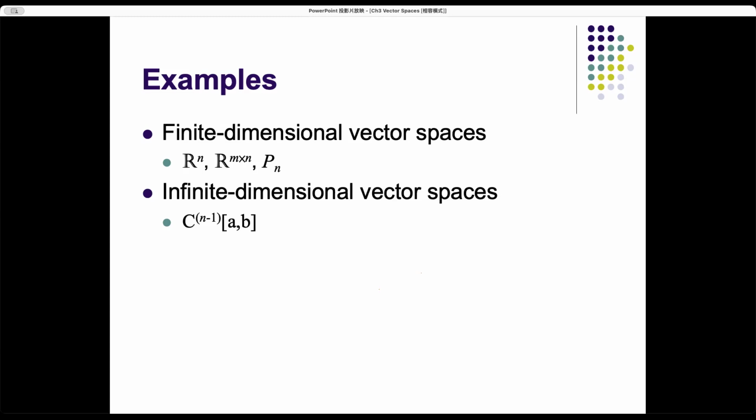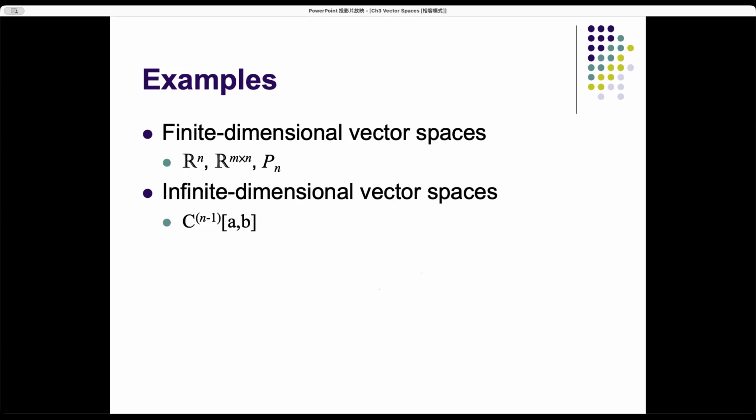So in other words, this basis has m times n vectors, or you can say matrices, whatever you want to say, but basically the dimension of this vector space is m times n. And Pn, what is Pn?